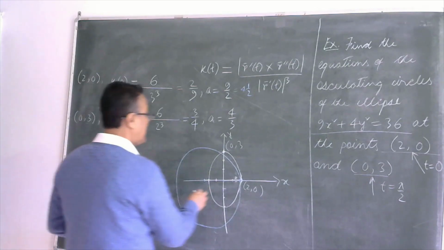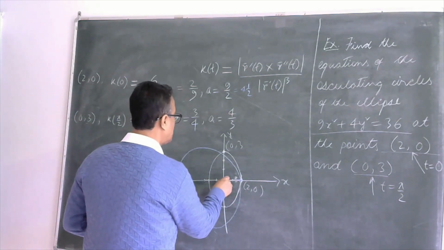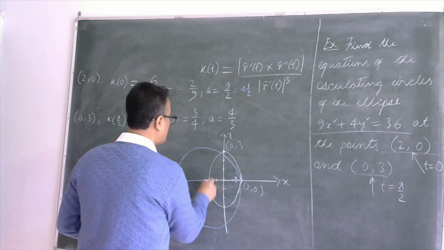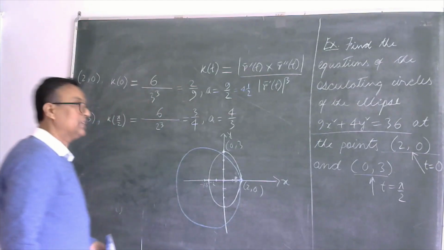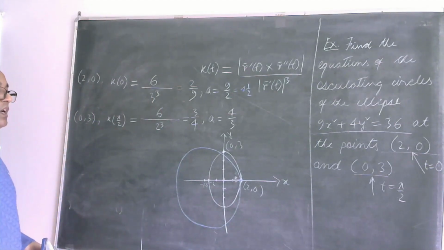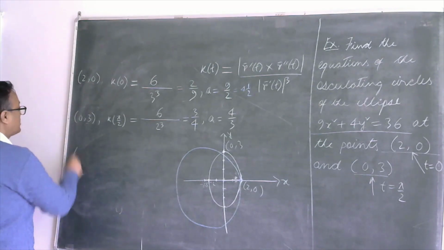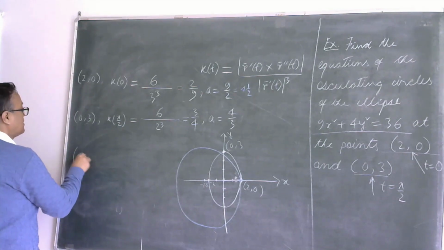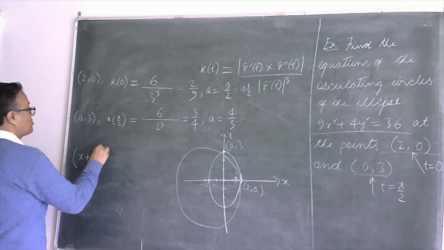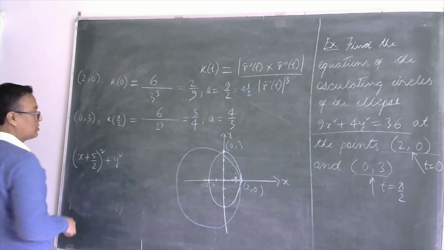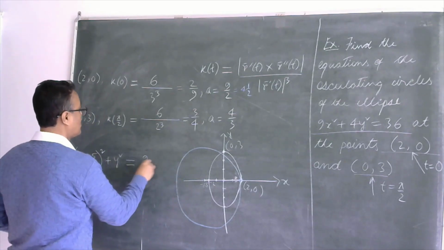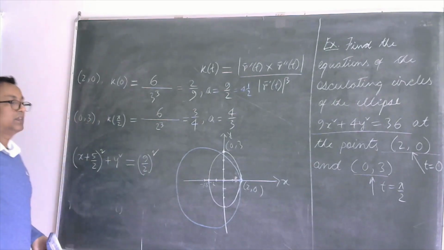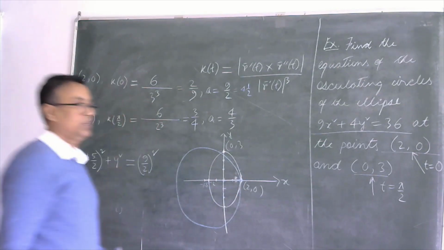And you know that this is 0, this is -2, so this point must be minus 2.5, that is minus 5 by 2. So the osculating circle is going to be x plus 5 by 2 whole square plus y minus 0 whole square, that is y square, equal to 9 by 2 whole square. Okay, this is for the point (2, 0), right?